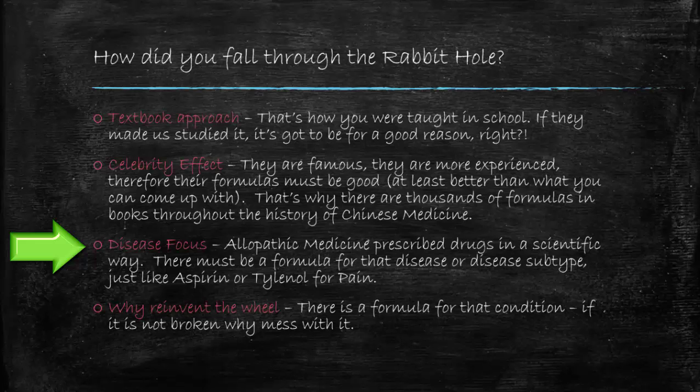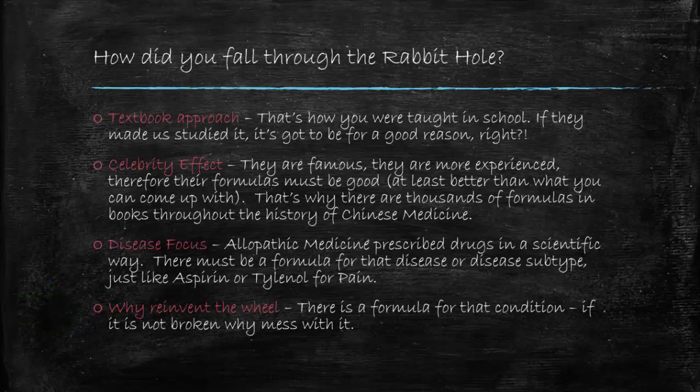Some are over the counter, some have to be prescribed, and we want to mirror that kind of approach, where we would like to have a formula or a set of formulas for that specific type of disease or syndrome. And the last category is kind of the why reinvent the wheel category. If it's not broken, we don't need to fix it, right? So why mess with something that is working?